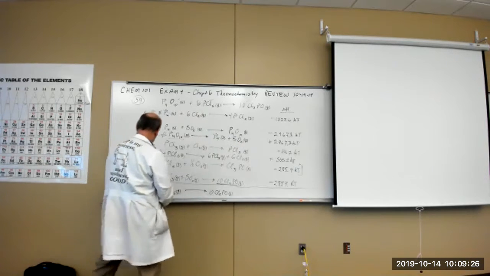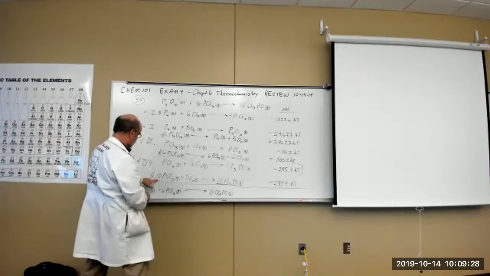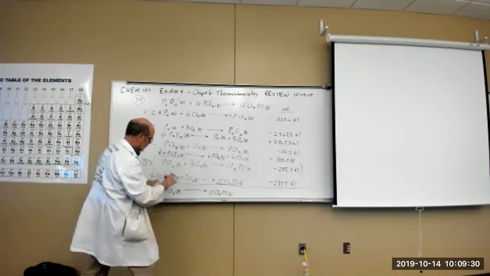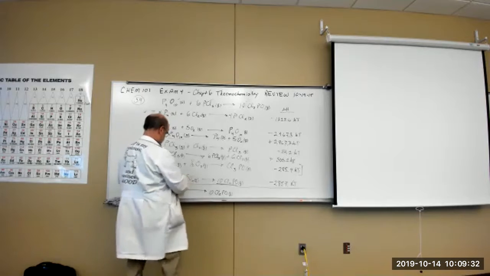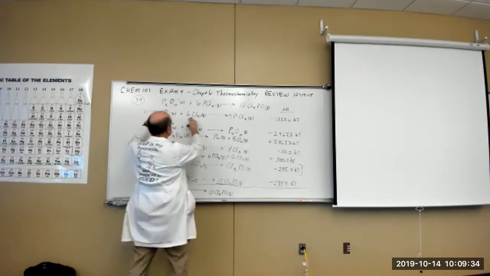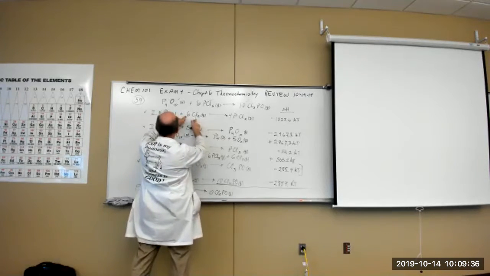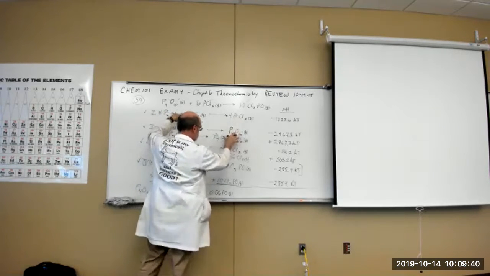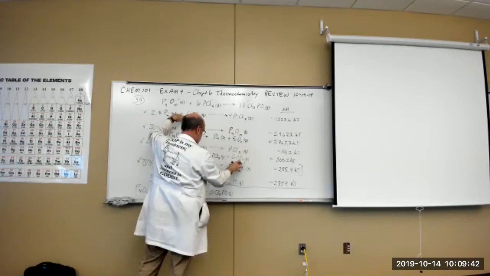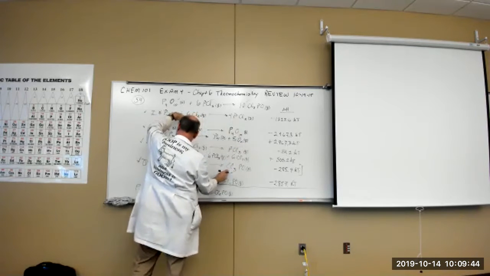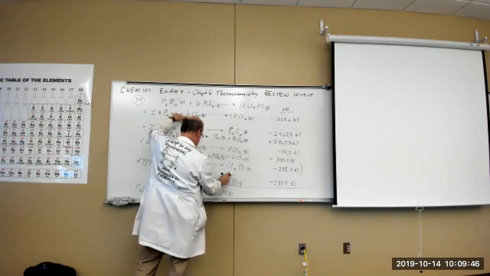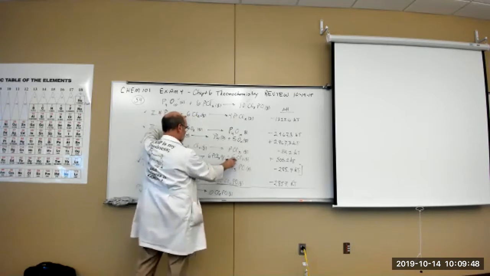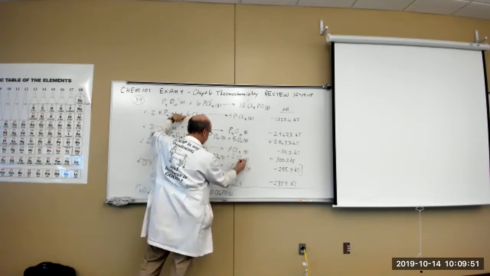Wait a minute. I got 10 PCl3s. Oh, that's okay. 6 chlorines. So do we have chlorines on this side? Right there. No, that's not chlorine. Here, right here.